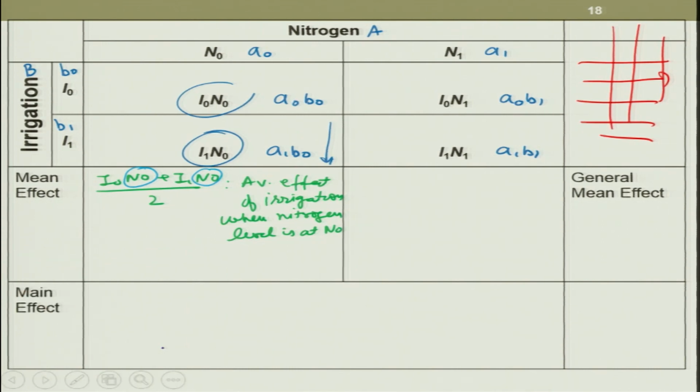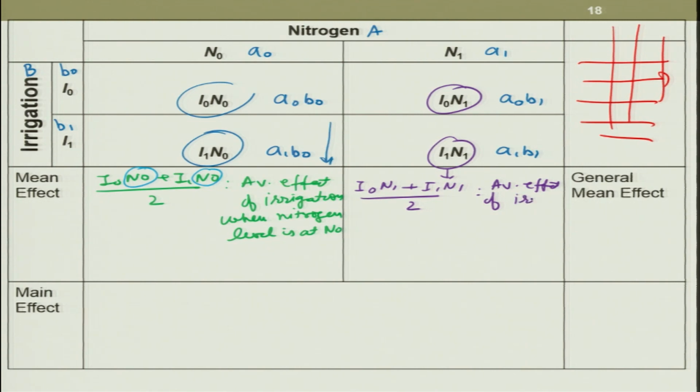And similarly, if you consider I0 N1 and I1 N1 and take the average of the 2, this gives me I0 N1 plus I1 N1 divided by 2. So, this is going to give us the average effect of irrigation at the N1 level of nitrogen. Right.